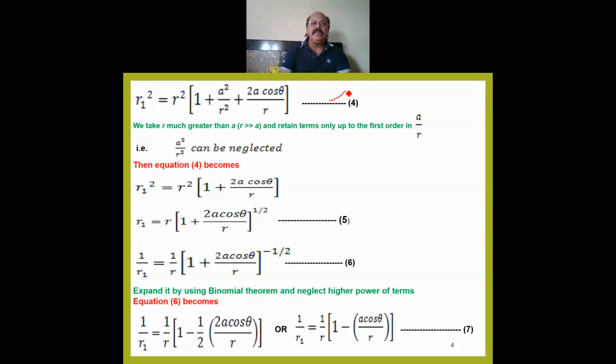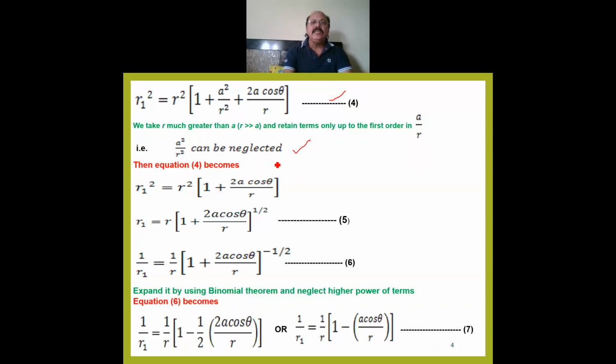Now if we say that R is greater than A, that is the dipole is very short, then in that condition we neglect the higher power terms and keep the first order of A upon R. That is, A square upon R square can be neglected.